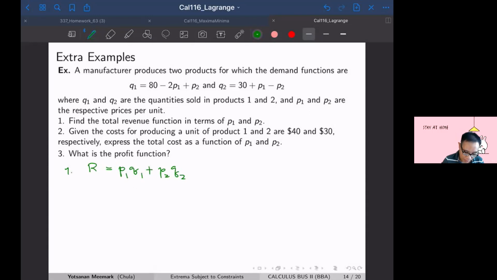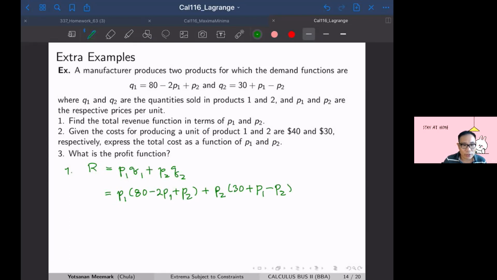Okay, and for this one it will be just P1 times (80 minus 2P1 plus P2) plus P2 times (30 plus P1 minus P2). Okay, so this will be the revenue function.